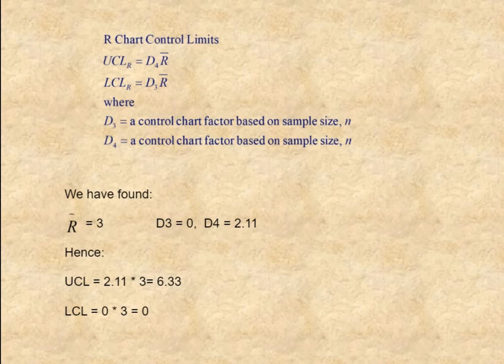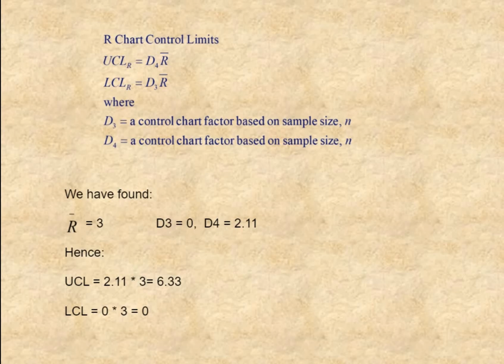Now, for convenience, we put this formula above here. This is for the R chart, the range control chart. The UCL equals D4 times R bar. We know R bar from our earlier calculation: R bar equals 3.